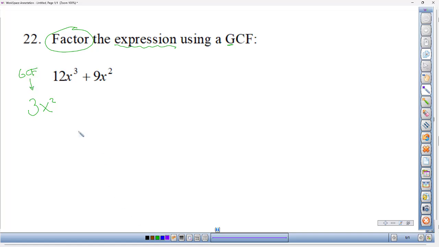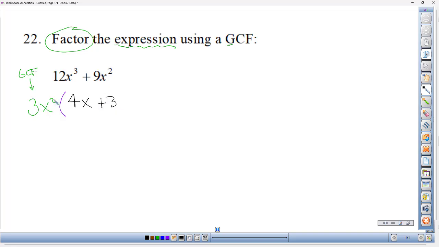That's the GCF. And what we're going to do is figure out what this GCF would be multiplied by to turn it back into this product right here. So here we go. What times 3 would give you 12? 4. And if you have x squared and you need x to the third power, does everyone notice you would just need one more x? All right, now 3 times what to get 9?